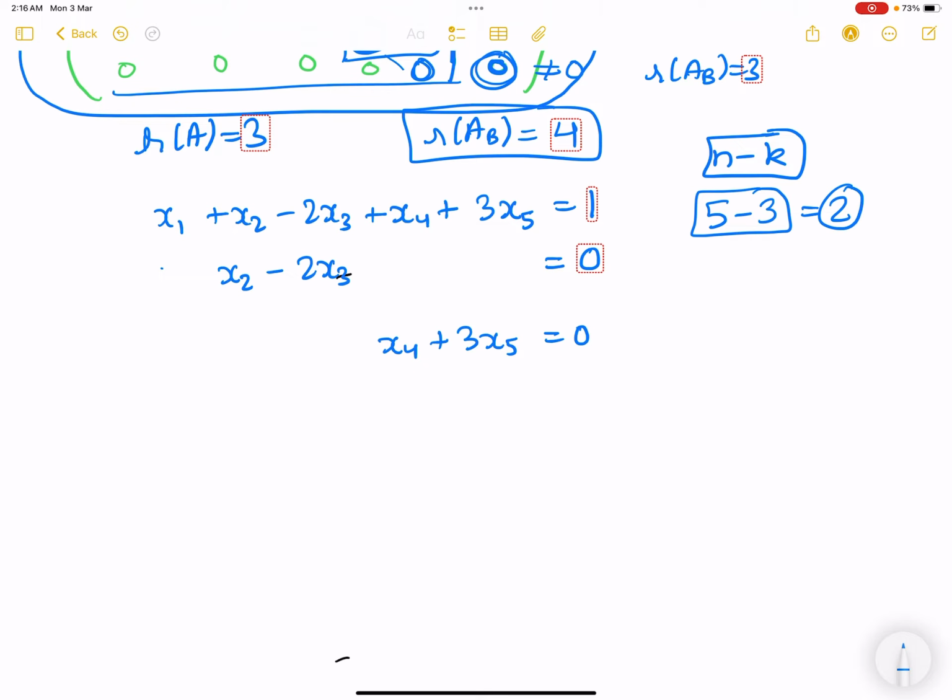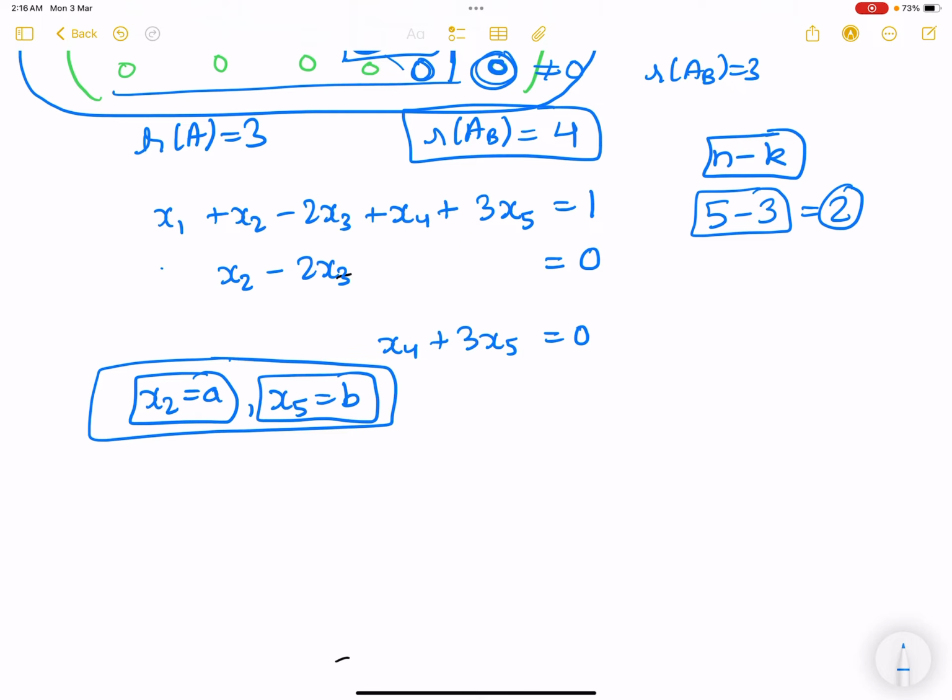So suppose we take x2 equals to a, any arbitrary number, and x5 equals to b. We can take any other number. Now these are arbitrary, but for any given fixed value of x2 and x5, we'll have some unique values for x1, x3 and x4.